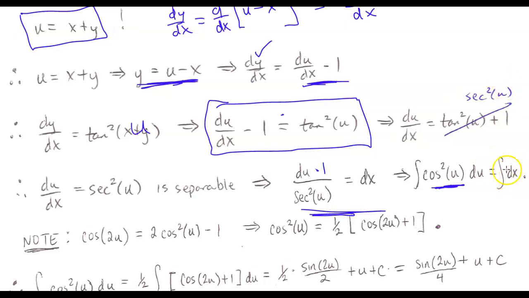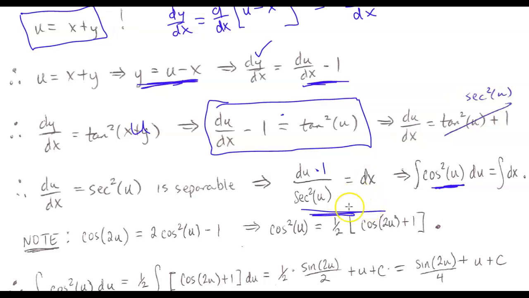Now, the most general antiderivative for 1 dx here is just going to be x plus some constant. Of course, for cosine squared, it's not that easy to take the antiderivative of that directly, but we do have reduction formulas from trig that say we can rewrite cosine squared in terms of something with cosine of 2u in it.